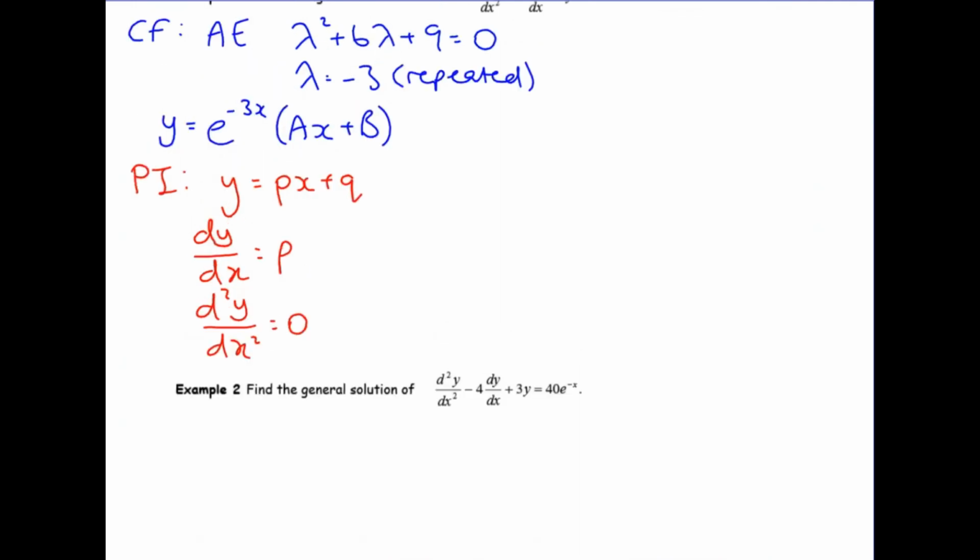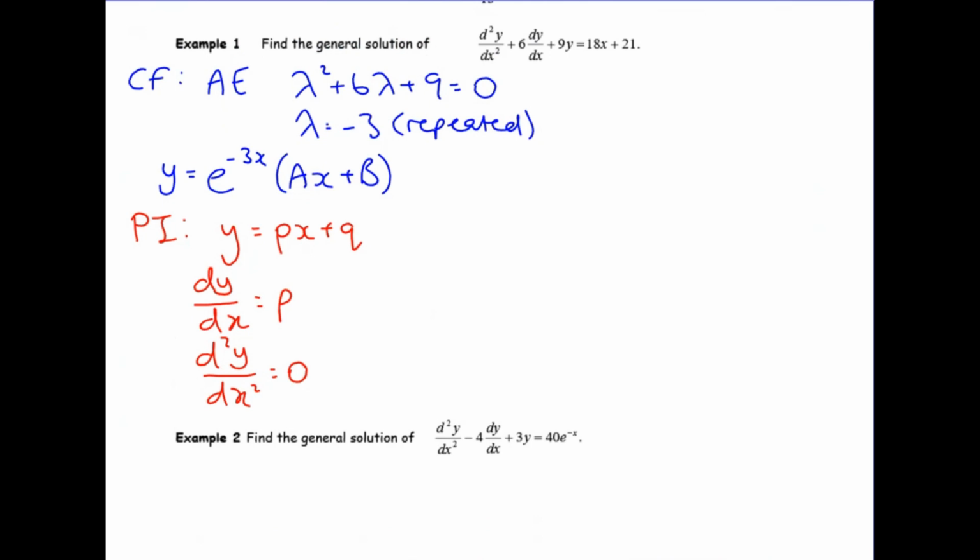Then I substitute these in to work out values for p and q. So d squared y by dx squared is 0, plus 6 times dy by dx, which is p, plus 9 times (px plus q), so 9px plus 9q, and that's equal to 18x plus 21.